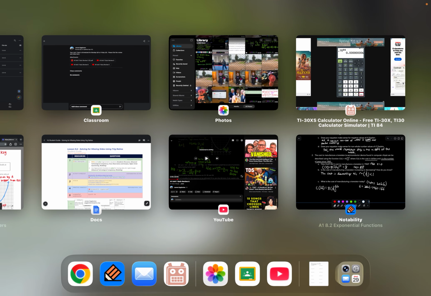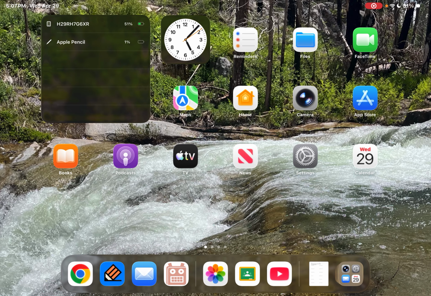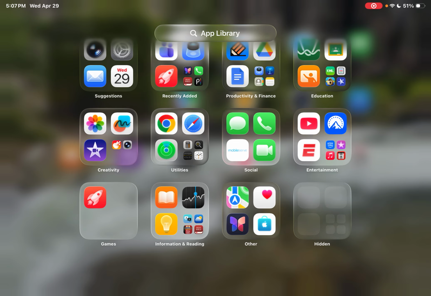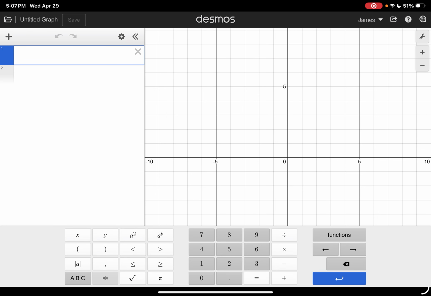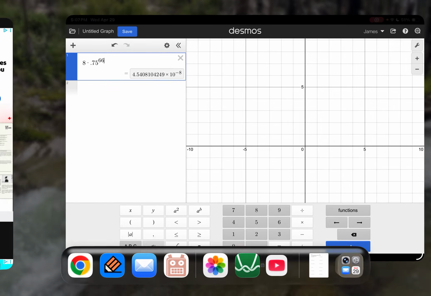So I'm going to use a better calculator, Desmos. We're calculating 8 times 0.75 raised to the 66 power. And notice it says 4.54 times 10 to the negative 8.